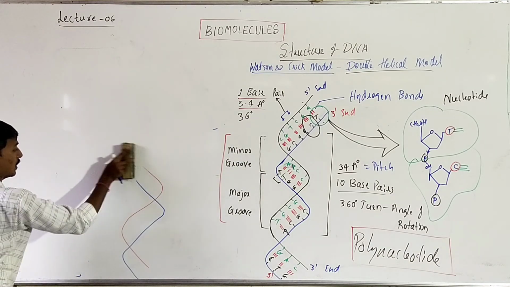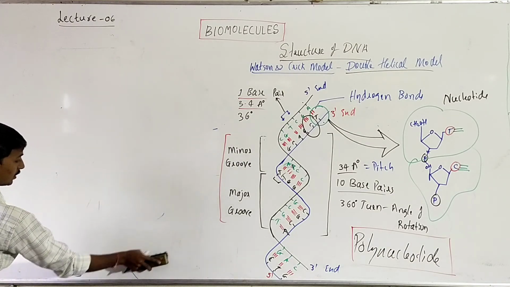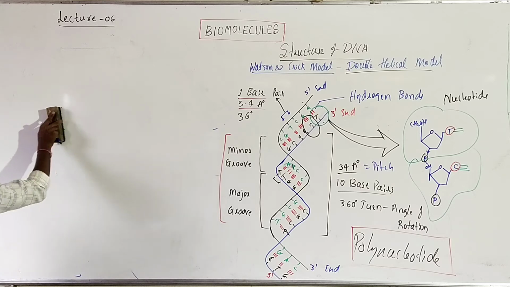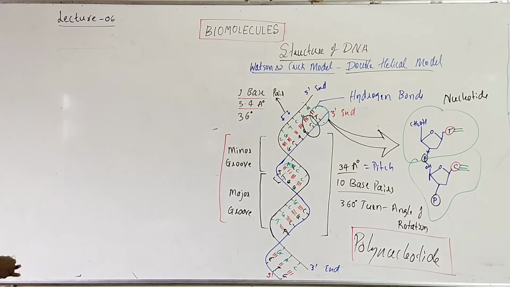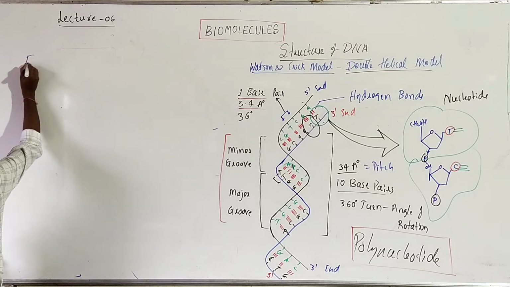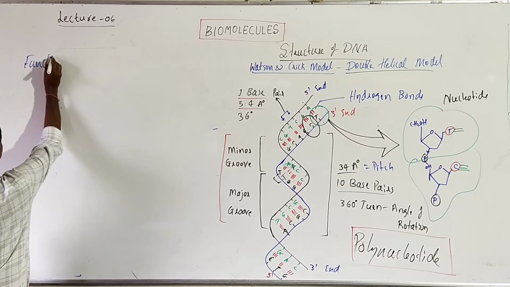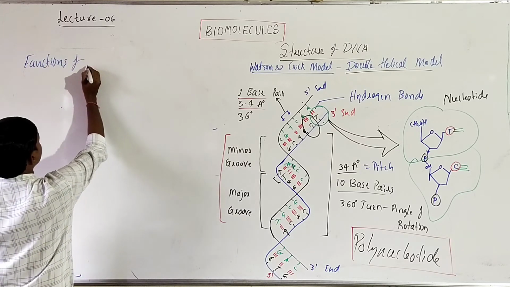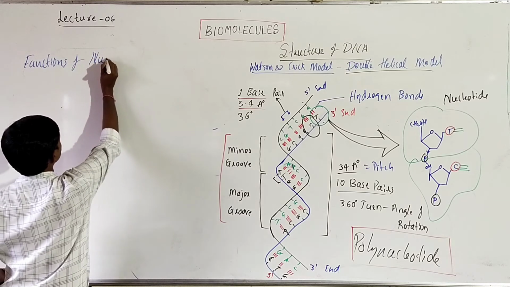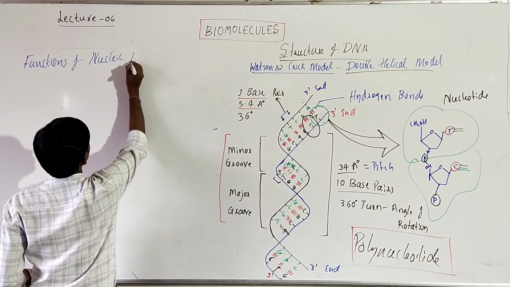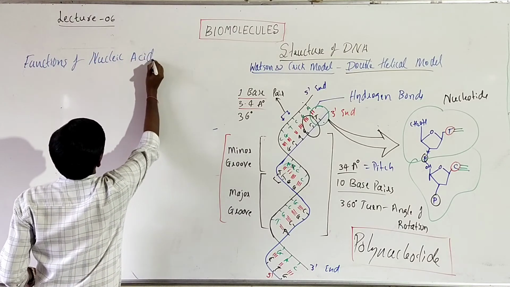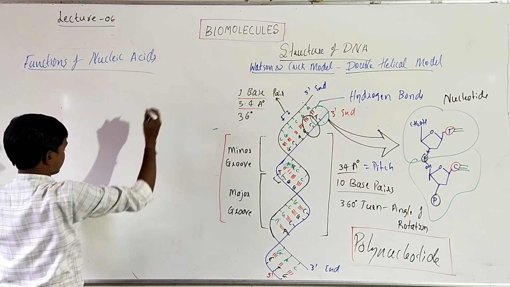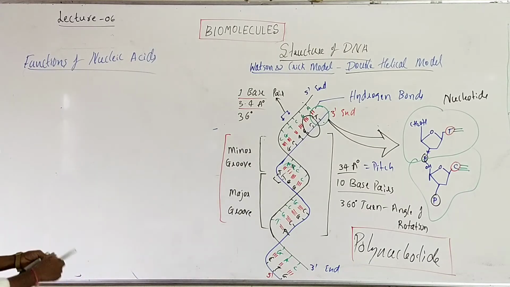So what are the functions of DNA in our body? What work does DNA do in our body? Okay, functions of, better we'll write nucleic acids, which means DNA or RNA.